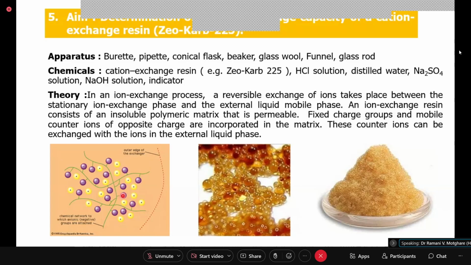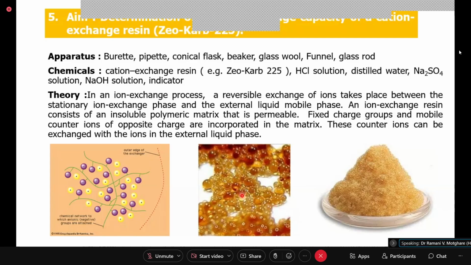So that is a resin. So a resin consists of a polymeric matrix which is permeable to water and has a fixed charge group, and mobile counter ions are associated with it. So such type of resin, if you take it in a petri dish, it will appear like this, and a closer view is this, these globules.